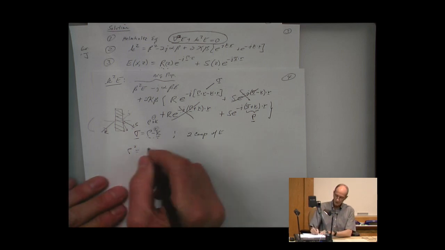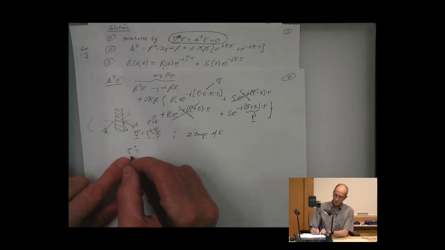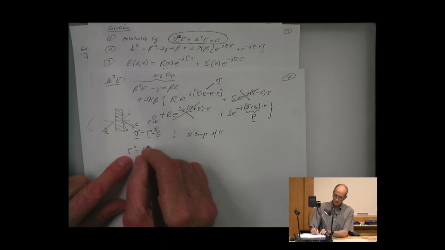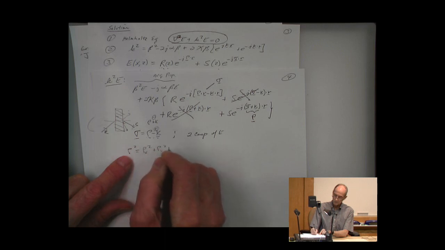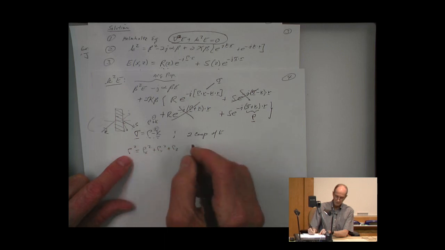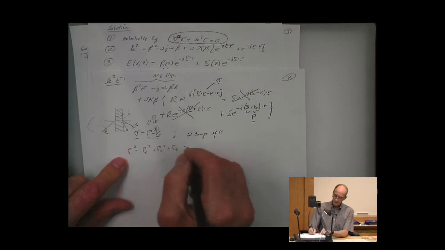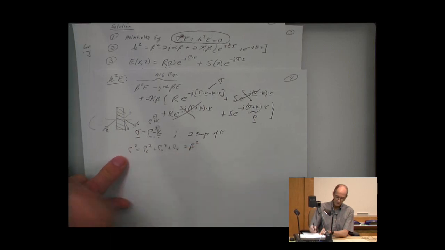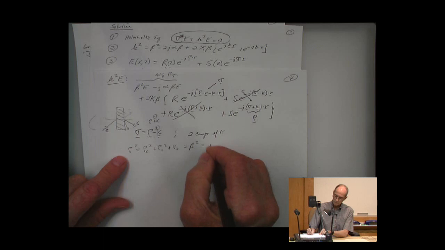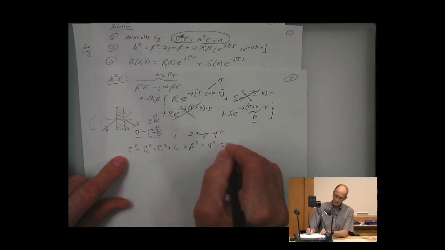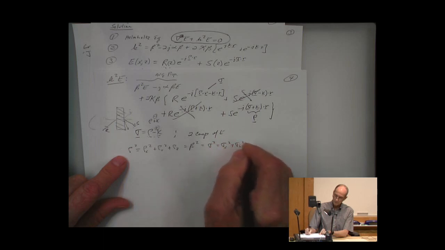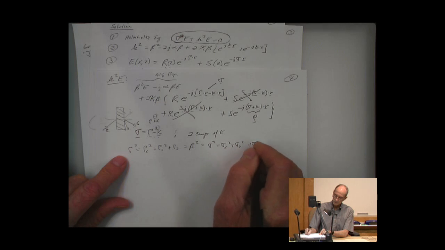All right, so the magnitude of rho: rho x squared plus rho y squared plus rho z squared is equal to beta squared, and that's also equal to sigma squared, sigma x squared plus sigma y squared plus sigma z squared.